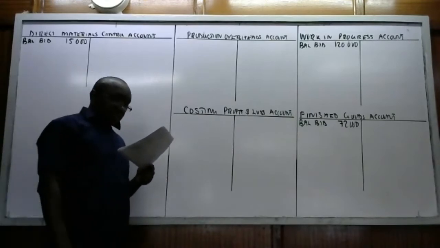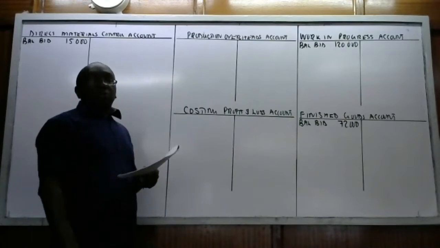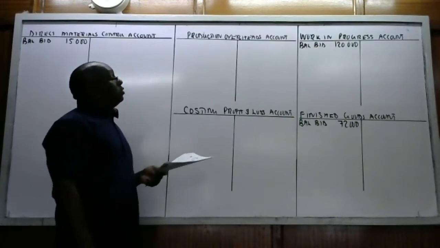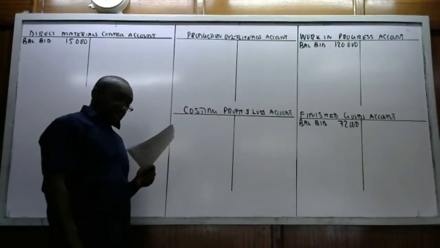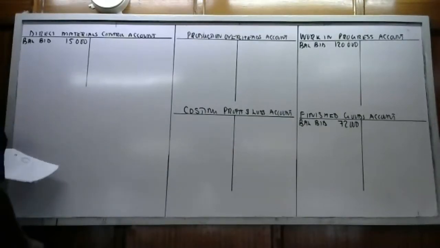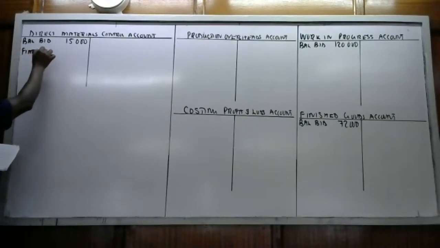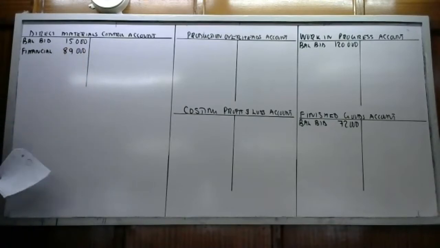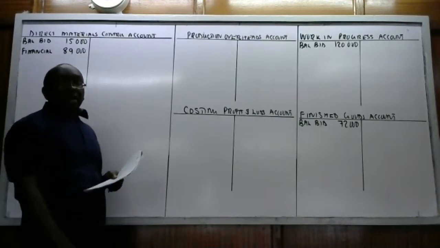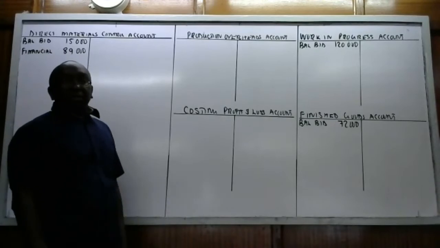The following transactions took place. Direct materials purchases. When you buy materials, you debit the materials account and credit the financial ledger, which is not here. So we will come here and say, because of the financial ledger, we have 89,000. Materials issued to production.